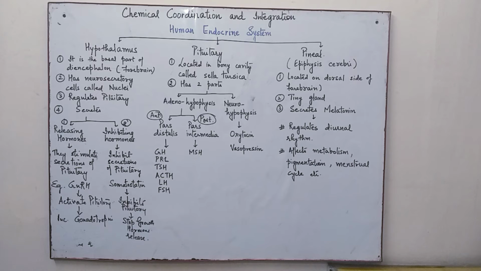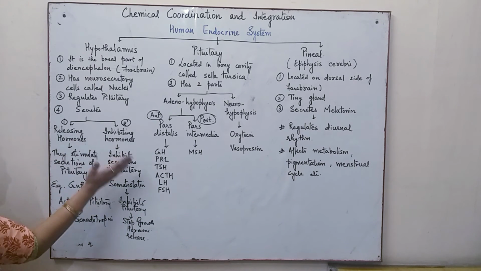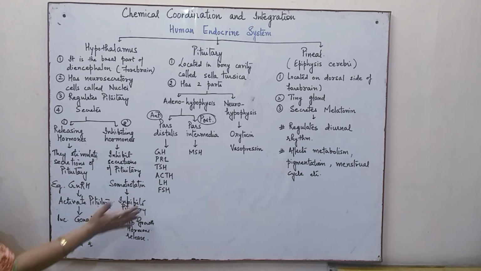Coming on to the pituitary gland. Pituitary gland is also known as the master gland because it helps in regulating overall the activity of most of the endocrine glands, and releases a lot of important hormones. It is situated in a bony cavity which is known as sella turcica, and it is attached to the hypothalamus with the help of a stalk.